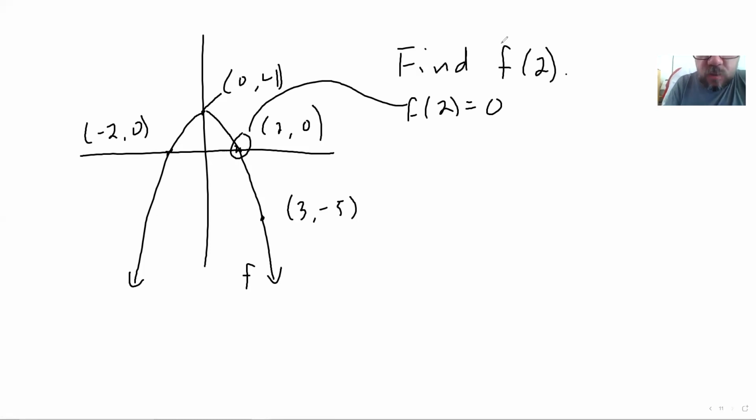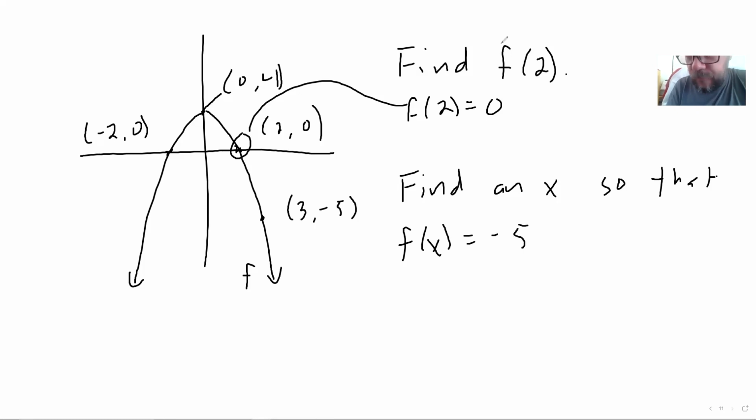I could also say, find an x so that f of x equals -5. So what I'm saying there is, where's y -5? That's this height right here. So an x that does that is 3.